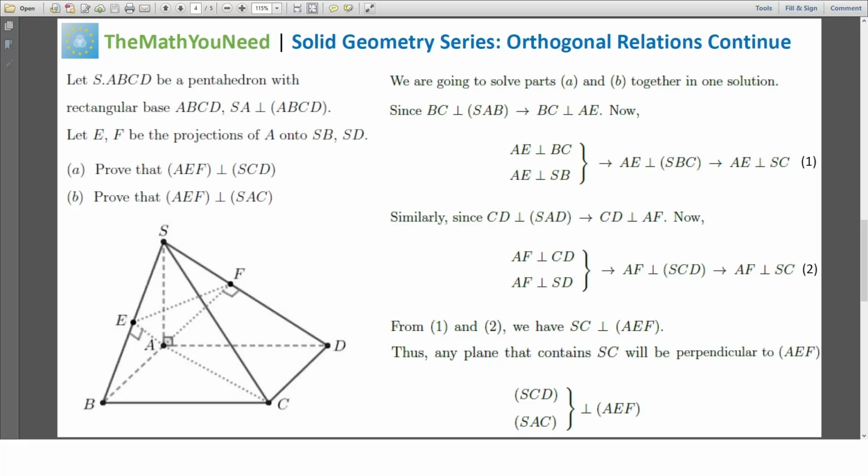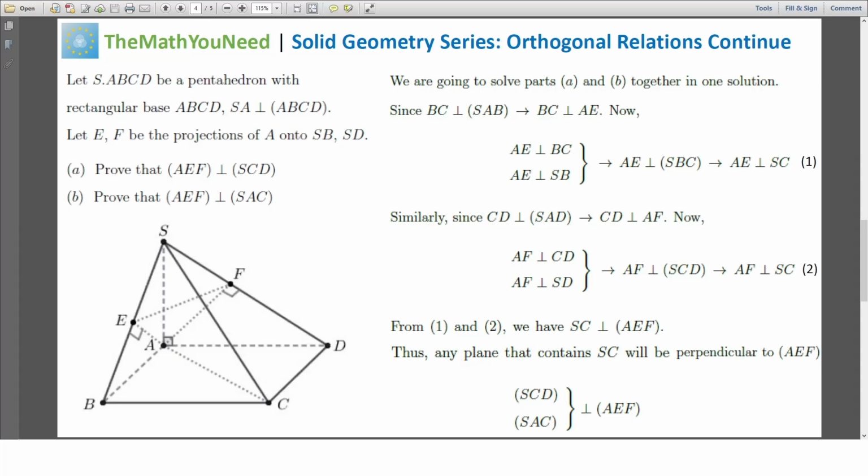Clearly, SC is the common line of intersection among three different planes, right? As you can see, that is plane S.BC, S.AC, and S.CD. However, the problem doesn't ask about plane S.BC, so we can ignore it.